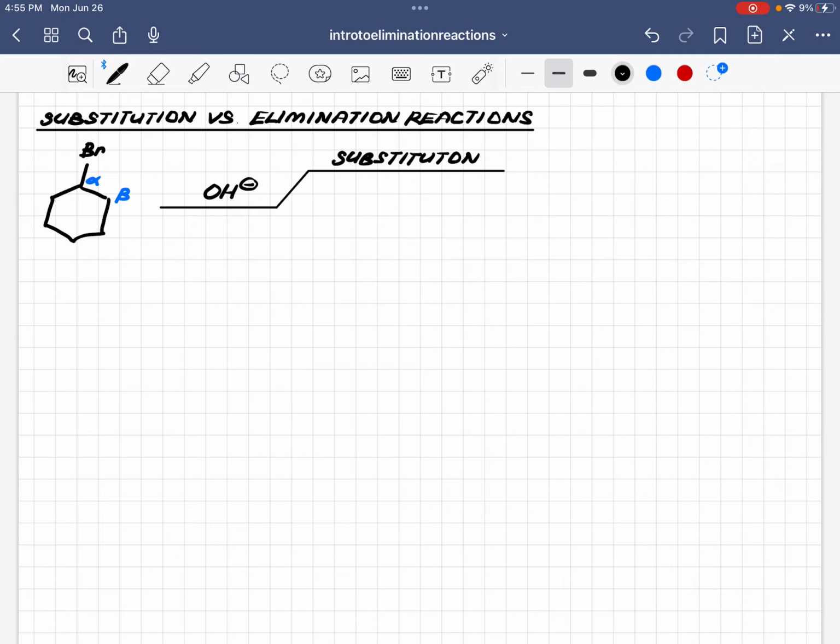But in the case of a substitution reaction, what you will have is the leaving group being replaced by the nucleophile.